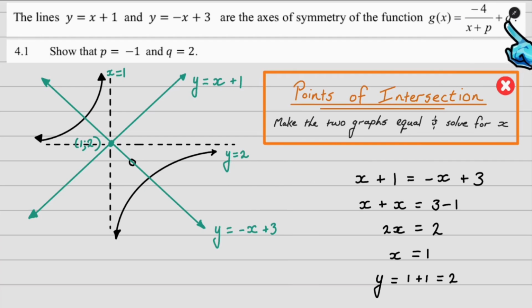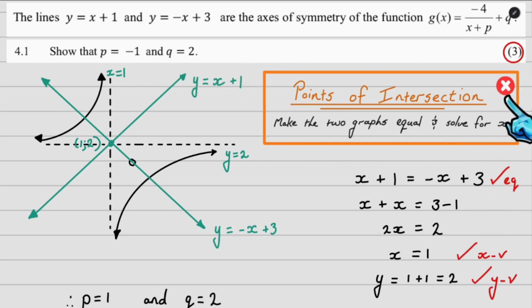That will form my p and q values. So q is representative of the horizontal asymptote. So q is 2, as we can see there. And then this one must always be the opposite sign. If this is x equals 1, then this must be x minus 1. So we can just jump to our conclusion of p equals 1 and q equals 2.